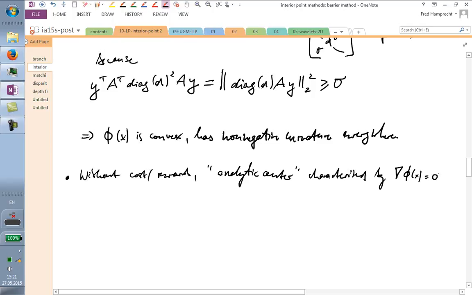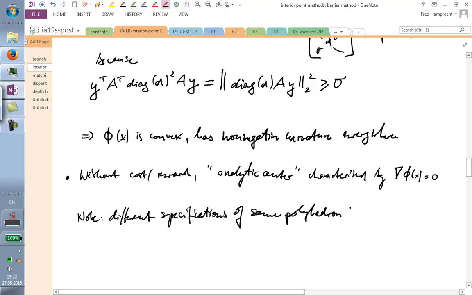You have to note here that different specifications of the same polyhedron can give different analytic centers.